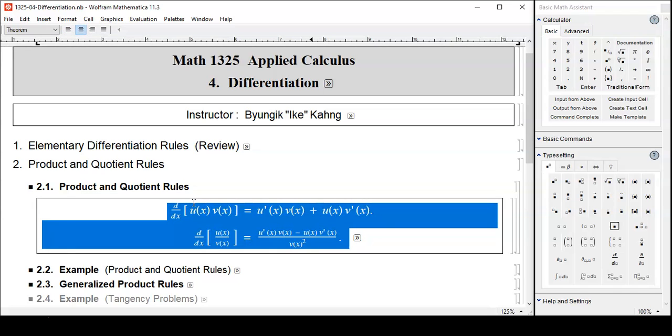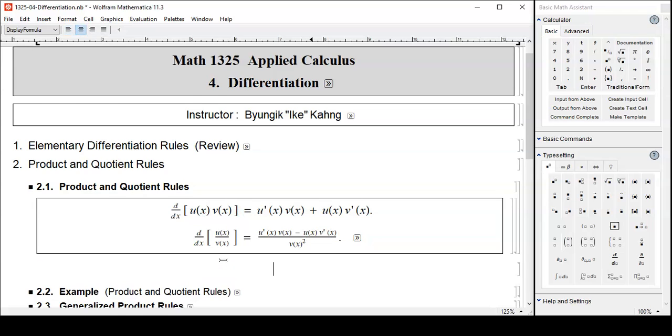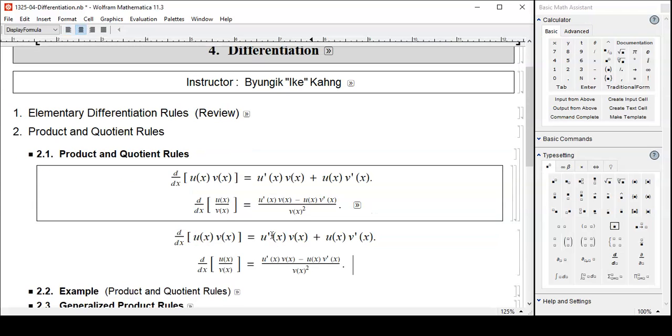And by the way, some people do it this way. Rewrite it as u prime v plus vu prime, and this one as vu prime minus uv prime, like this.